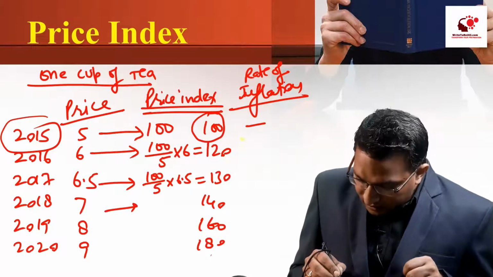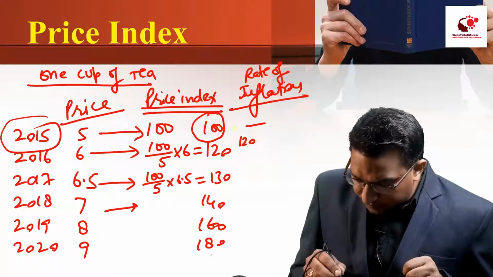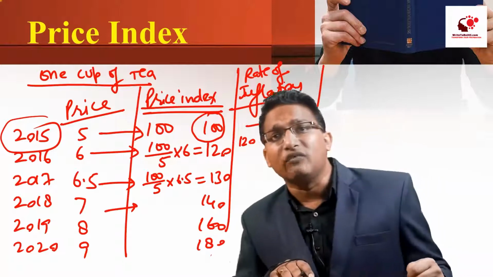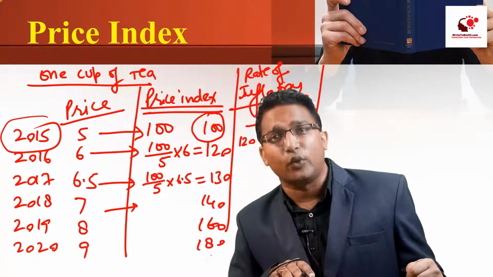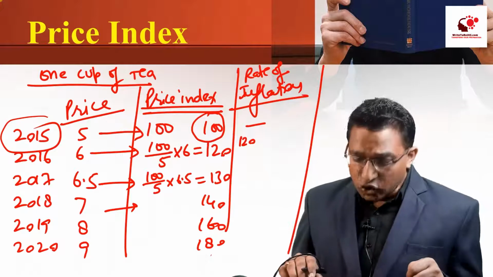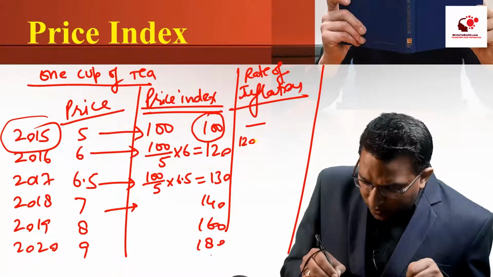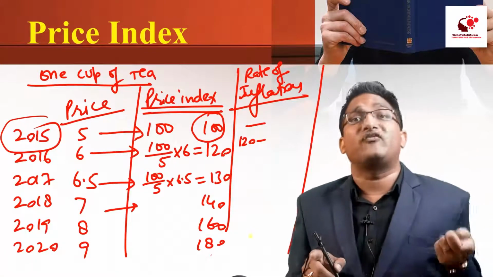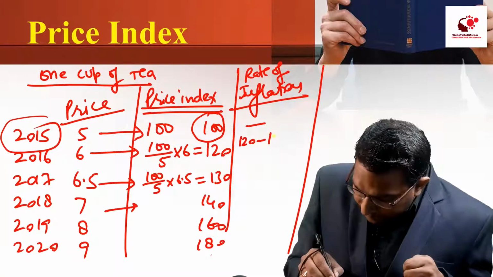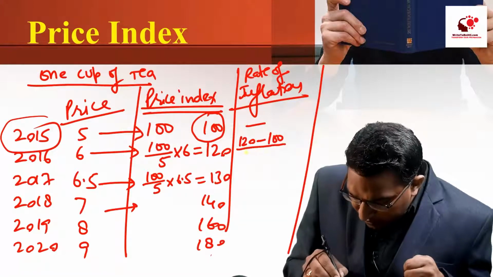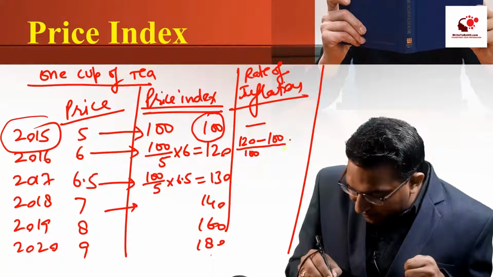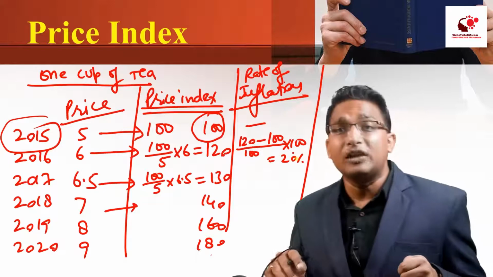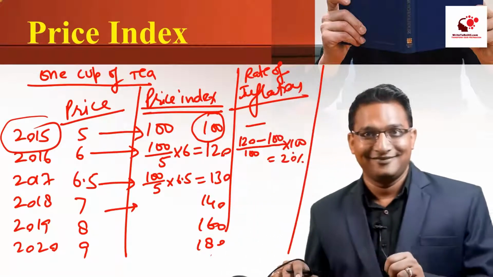For the rate of inflation, we will always take the price index as the reference point, not the actual price. So 120 is the current year's price index. Then we take the previous year's price index, that is 100, subtract it, divide by the previous year's price index and multiply by 100, and it comes to 20%. So 20% is the rate of inflation.